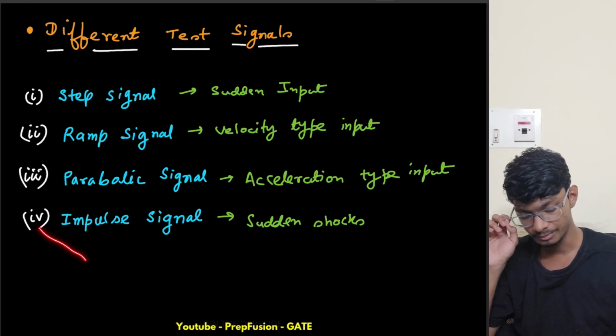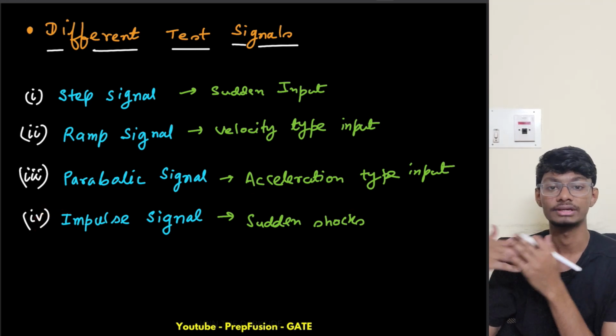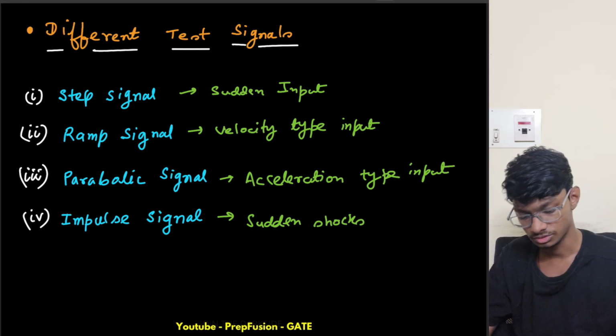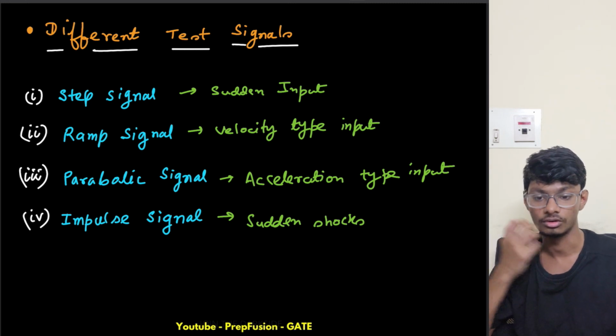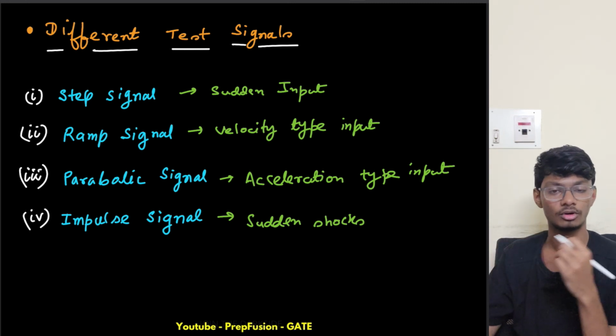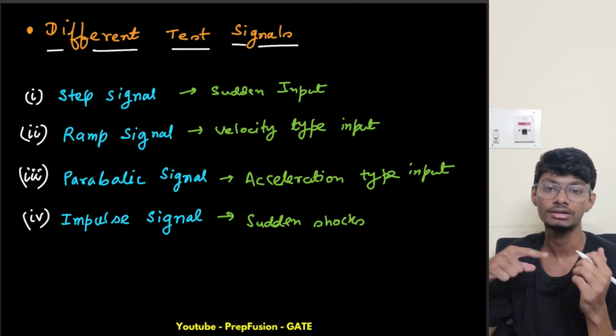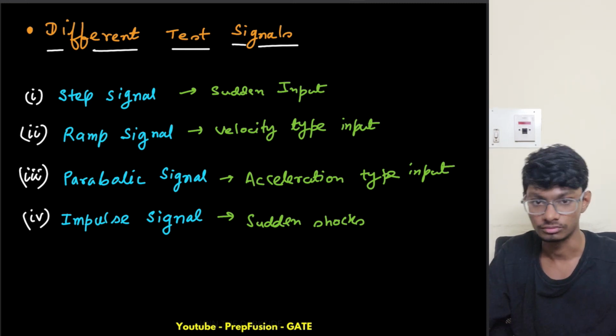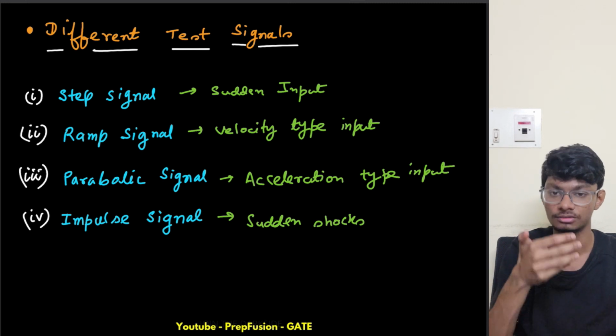With this impulse, as we know, with the help of the impulse response we can find the transfer function for an LTI system. So what we'll do is the stability analysis. Why? Because once we find the transfer function, the poles will tell us about the stability of the system. Here also I will explain all about stability.